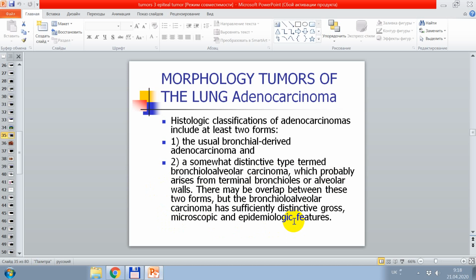There may be overlap between these two forms, but the bronchoalveolar carcinoma has sufficiently distinctive growth, microscopic, and epidemiologic features.